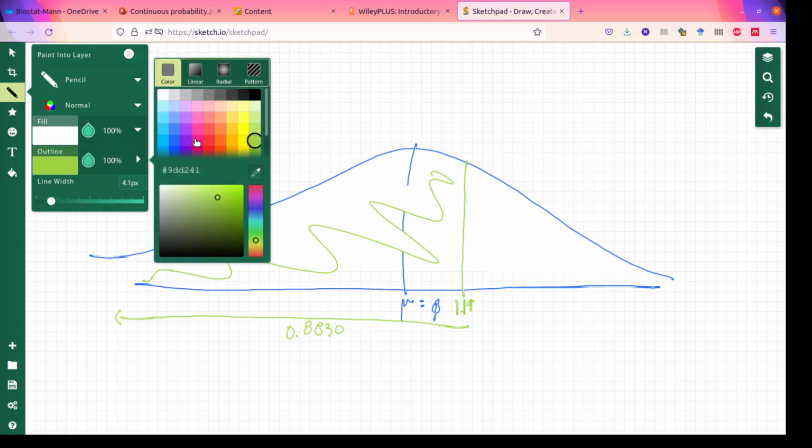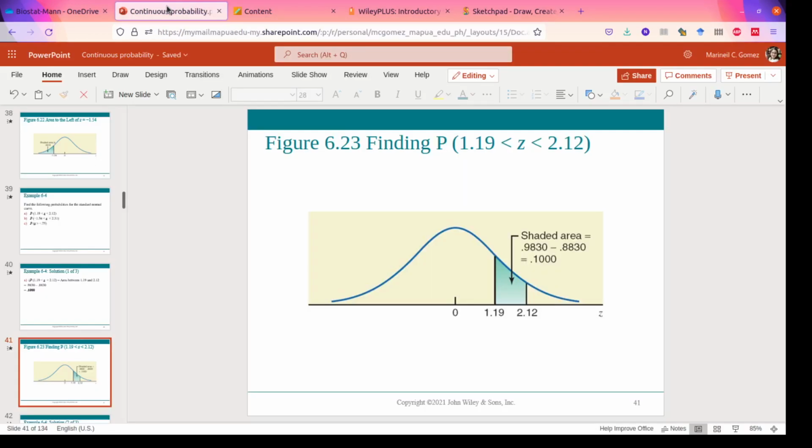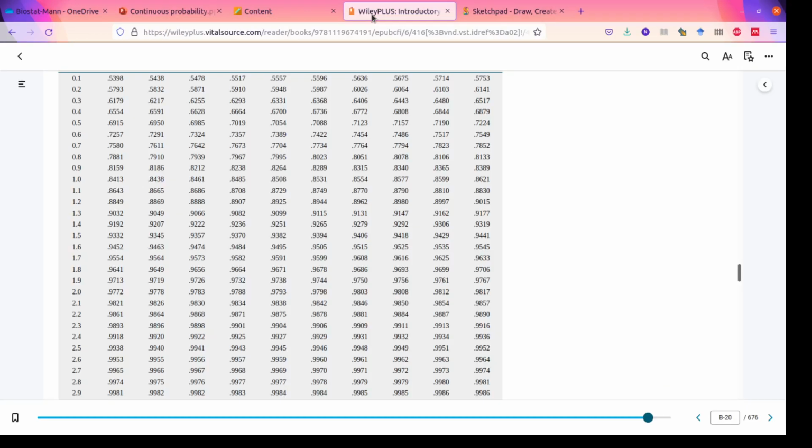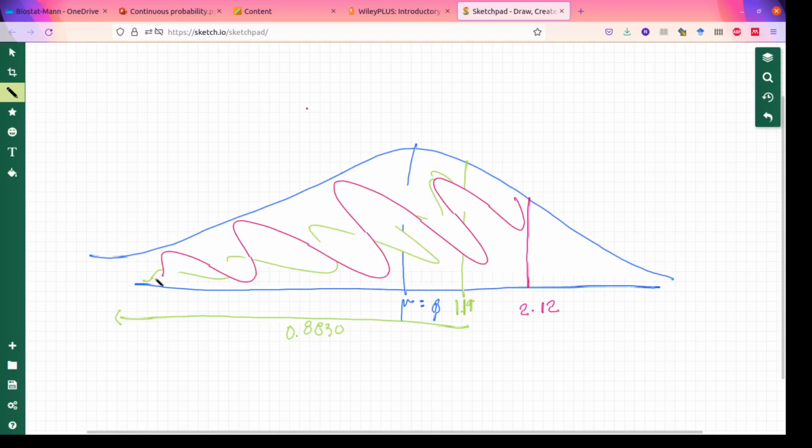So let's change my color again to pink. So this is 2.12. So all of the areas or the regions to the left, so there are overlaps, of course, because these are regions to the left of this curve.